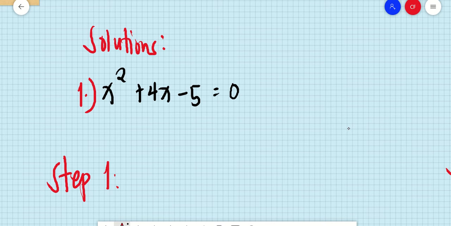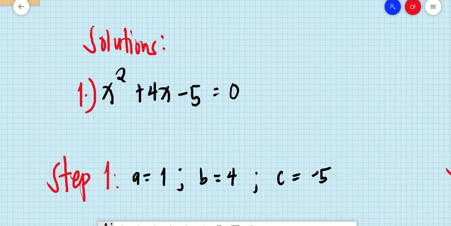So, the value for a dito sa equation na to, though naka-standard form na to, a is 1. Sulat natin, a is 1. Then, b equals 4, or the linear term. And of course, c, that is the constant term, negative 5.